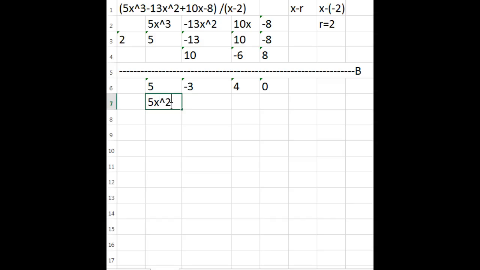Our next coefficient is negative 3, so we have 5x squared minus 3x. Then the next cell over, D6, is a positive 4, so plus 4. And we have a 0 in our last column, which is a remainder of 0. So our answer is 5x squared minus 3x plus 4.